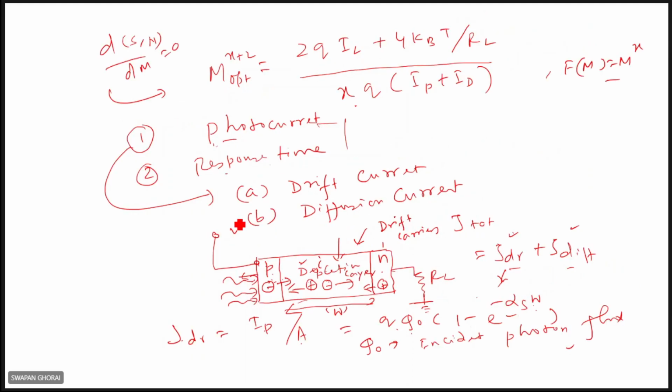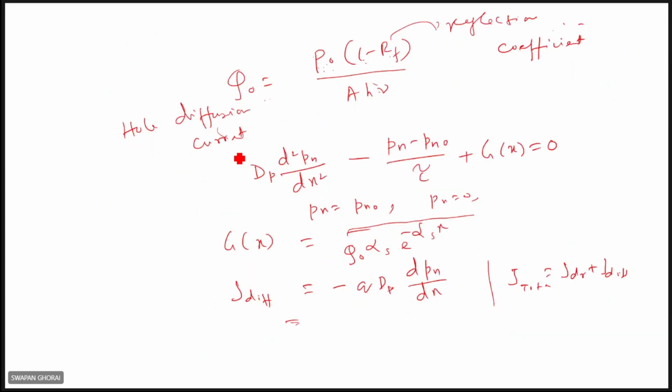When the photons are incident, not all the photons will be absorbed. Some photons will be reflected back in the same medium. So you have to consider the transmitted part. If R is the reflection coefficient, then 1 minus R will be the transmission factor. So that factor you have to multiply. So that is the photon flux.